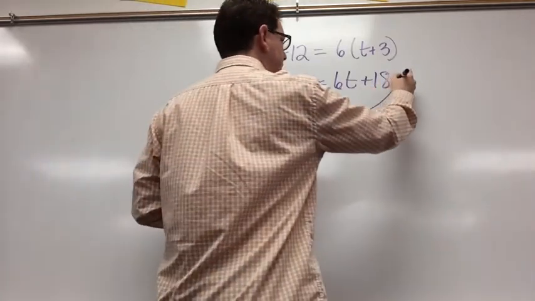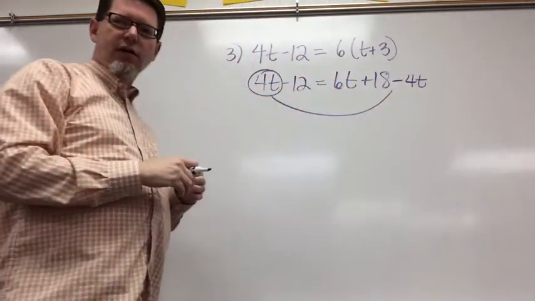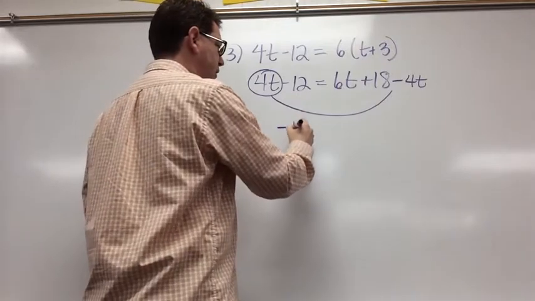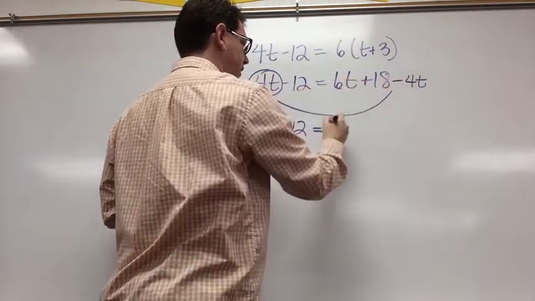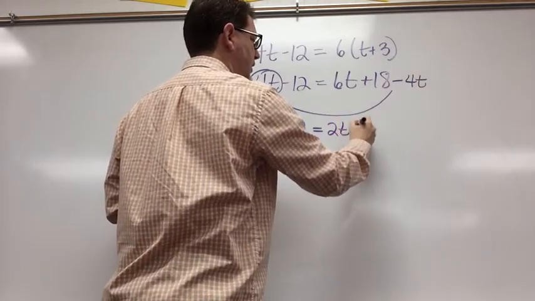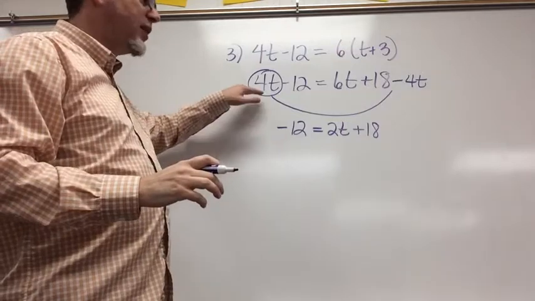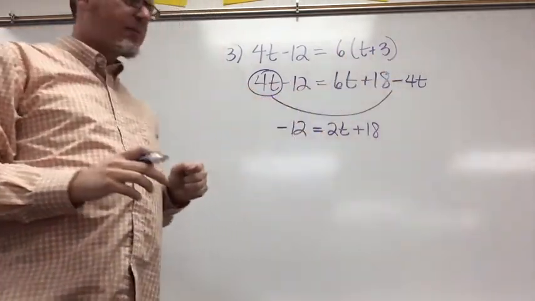So this becomes minus 4t. So now I'm left with negative 12 equals 6t minus 4t, which is 2t plus 18. I'm going to say that again. Anytime you cross the equal sign, your sign changes.